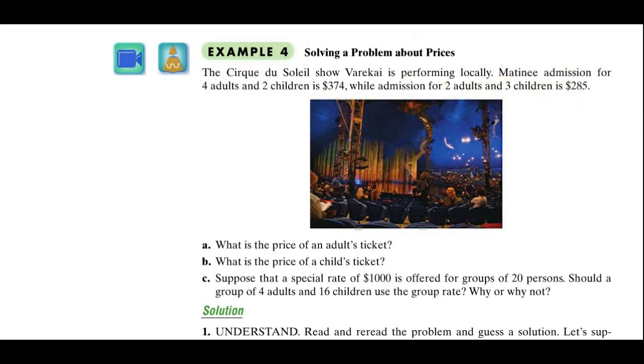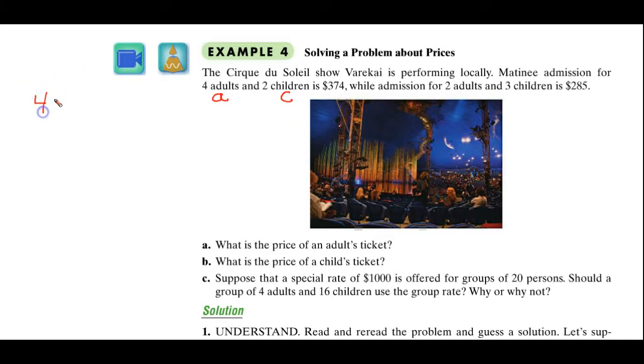Well, that one's sort of easy. Let's see. Remember when we said we can use A for adults and C for children to help us identify? This is the case. So let's do the first one.